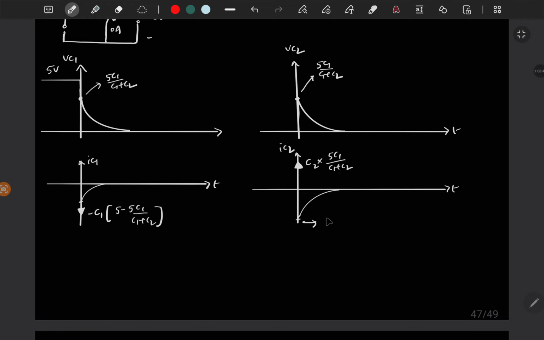So if you find that, this is minus C2 times 5C1 by C1 plus C2 into 1 by time constant, and similarly this is minus C1 times 5C1 by C1 plus C2 into 1 by tau. Yeah, these two are correct.